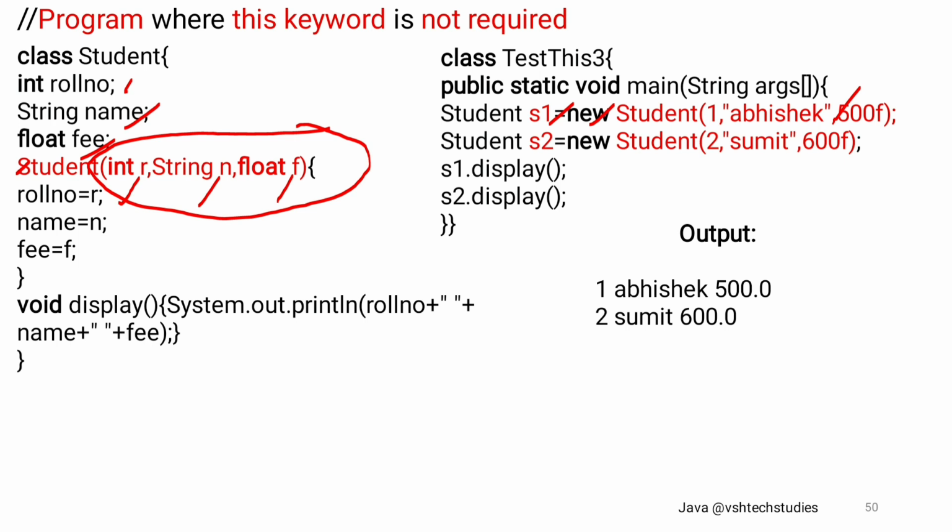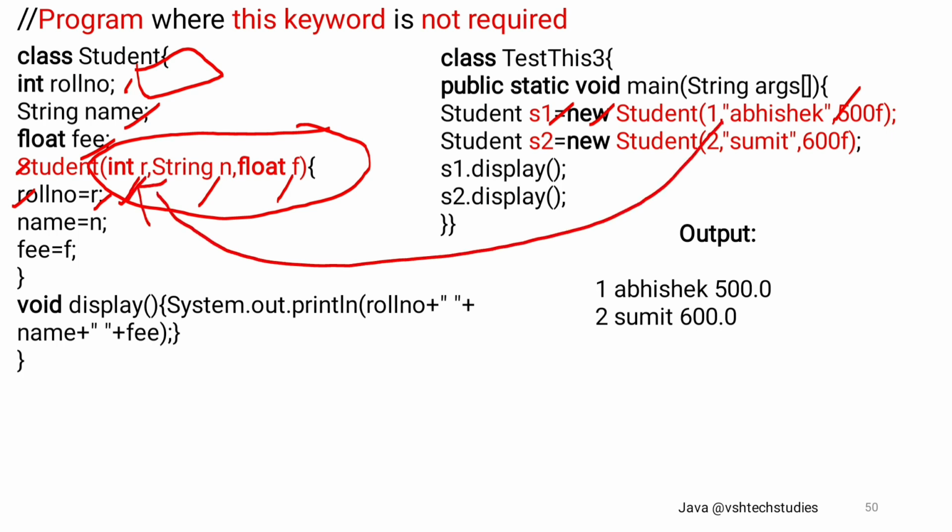So now in the code, roll number equal to R means the roll number field, the current object's data field, is assigned R. So what is R here? The roll number value will be copied into the R variable, and it is understood that R is the formal parameter that gets assigned to roll number.